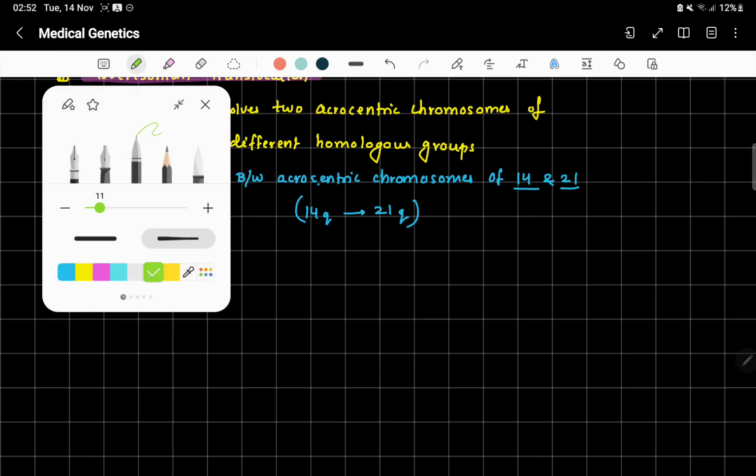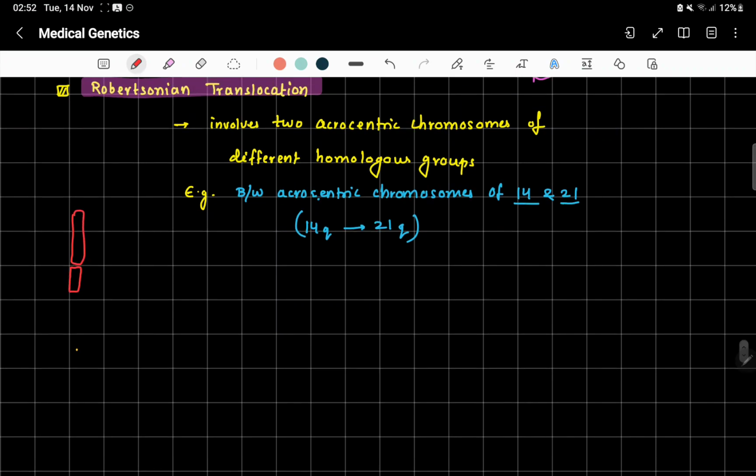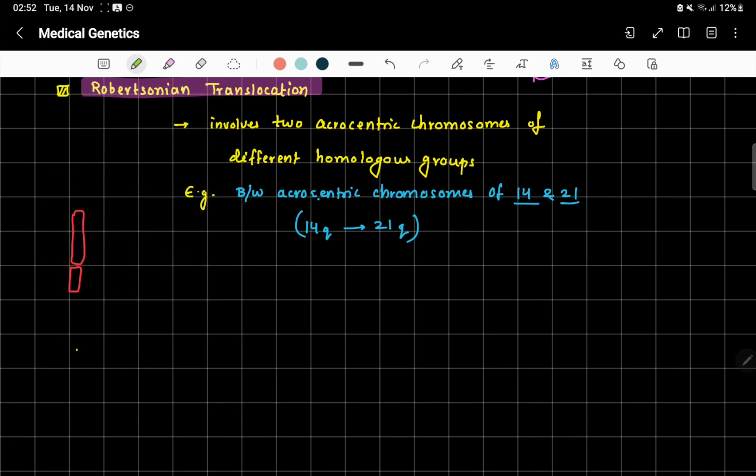Let us discuss this. One chromosome is there like this, and another one is there. Just assume that this is your chromosome 14.